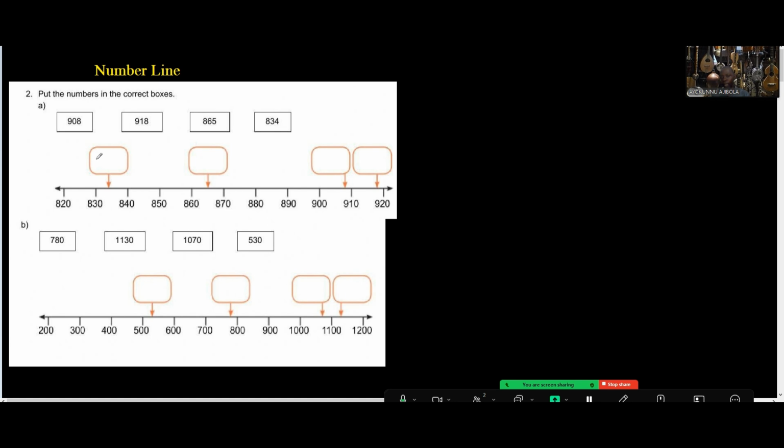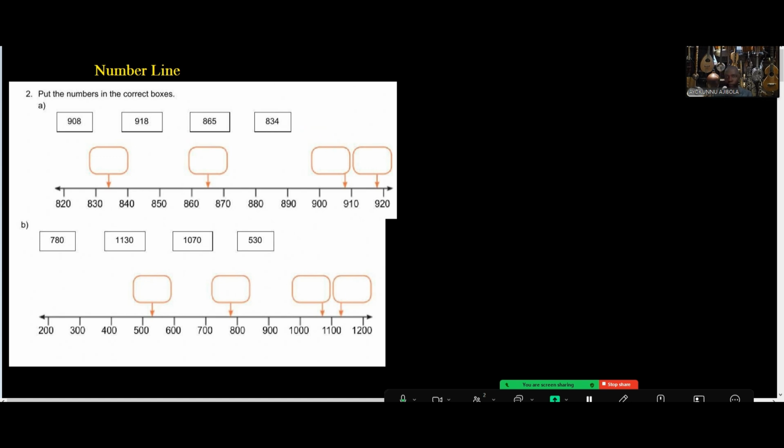So 908 cannot be between the two 800s. It cannot go here because that is between the 800s. So the 900 should go after the 900, and it cannot be beyond 910 because it's 908. So definitely this one should come into this place.